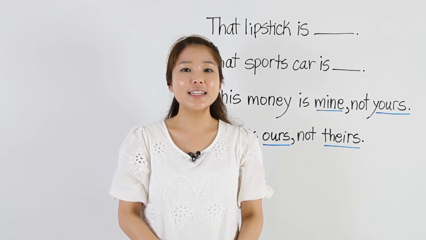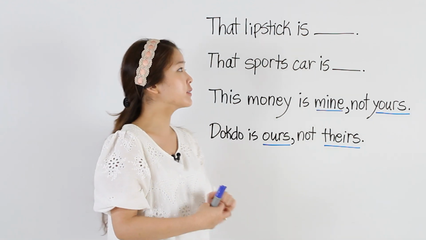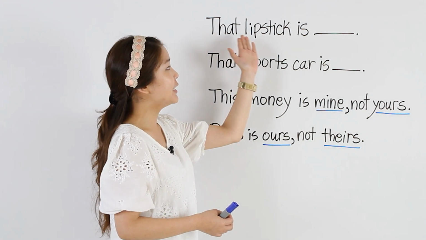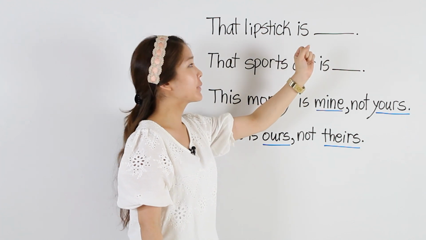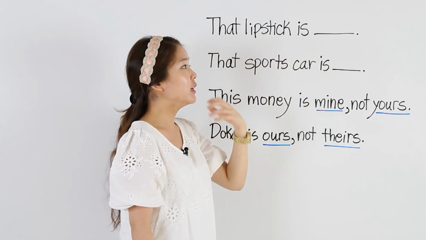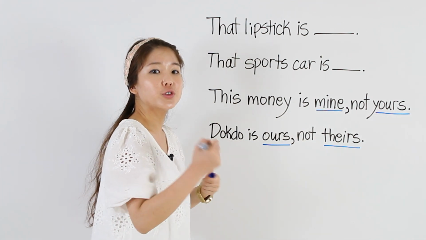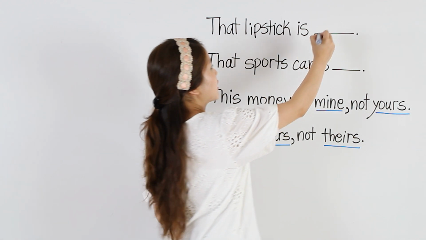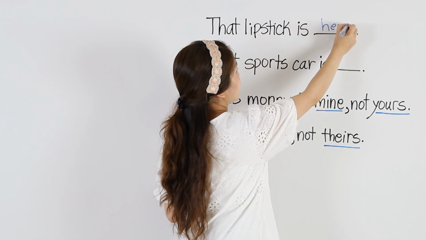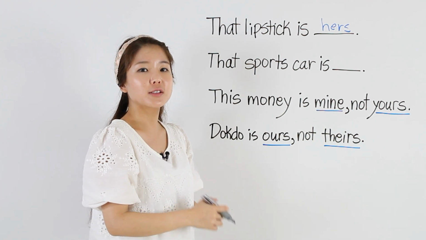Okay, let's look at these examples. We have to put in some possessive pronouns. Okay, that lipstick is... Okay, well, we have the noun lipstick, and usually a girl or woman wears lipstick. So we're going to use the possessive pronoun hers. Okay, that lipstick is hers.